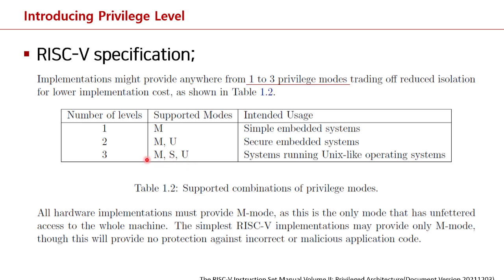So in this case, there are three privilege levels: privilege level 3, privilege level 1, and privilege level 0. The decision to choose the appropriate privilege mode is made by you, the systems engineer.